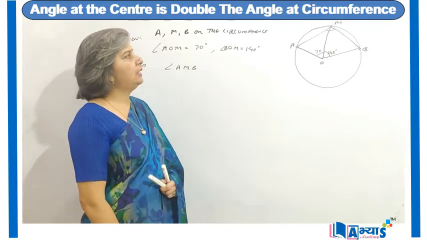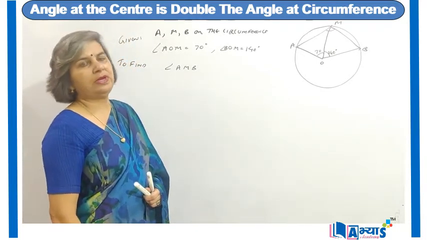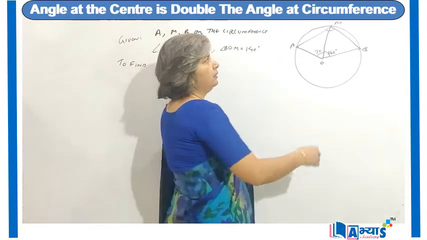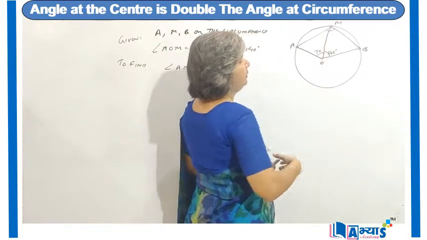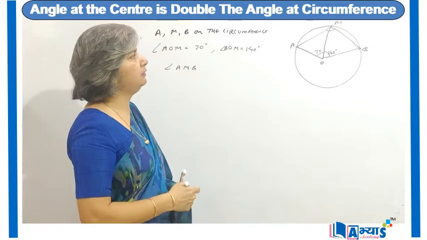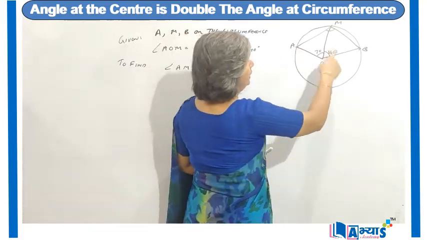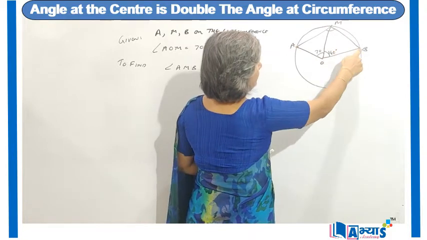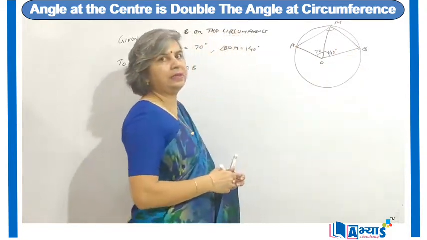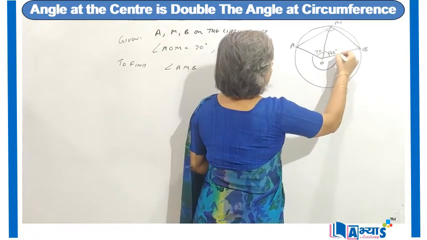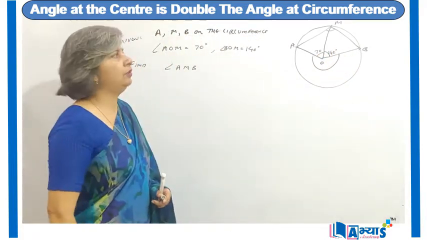Now we see that angle AMB is an angle subtended by the chord AB, and if the angle is on this segment, the angle at the center will be in the other segment. So as we know that AB is a chord, and if I take AMB as the angle at the circumference, the angle at the center will be on this side, that is the reflex of angle AOB.